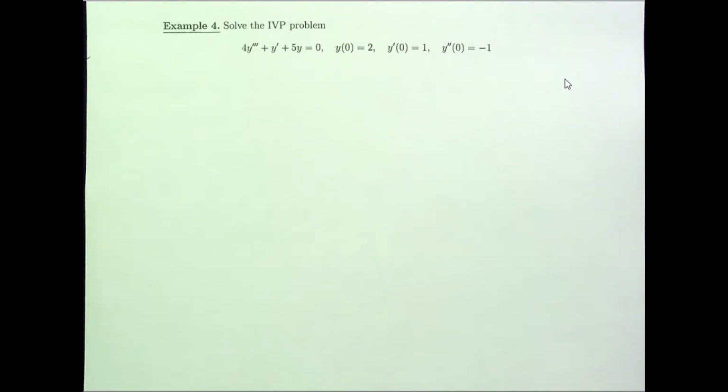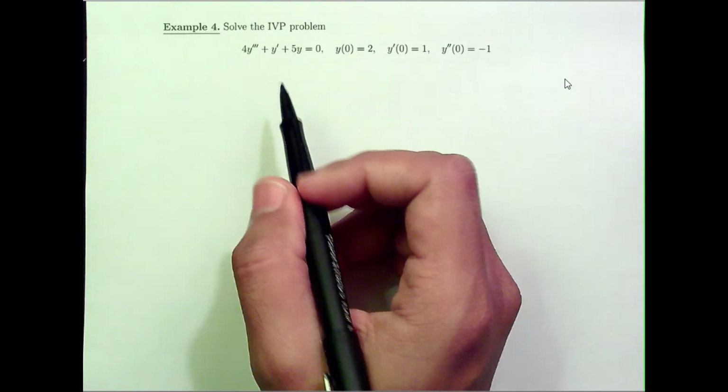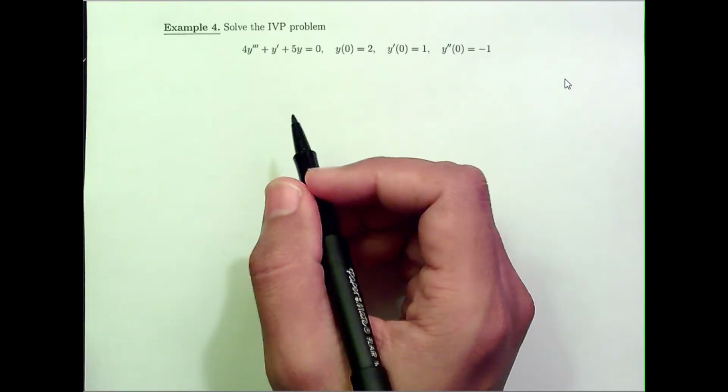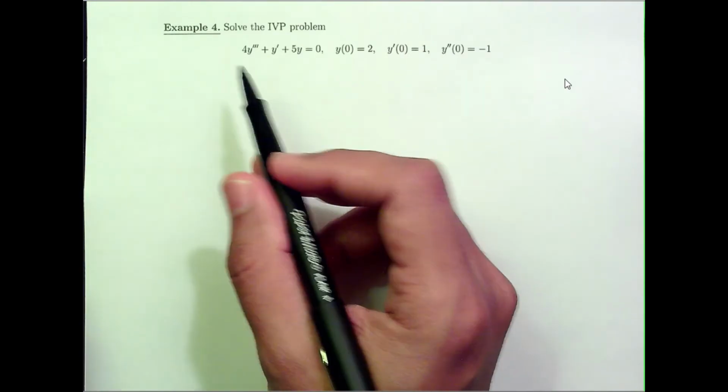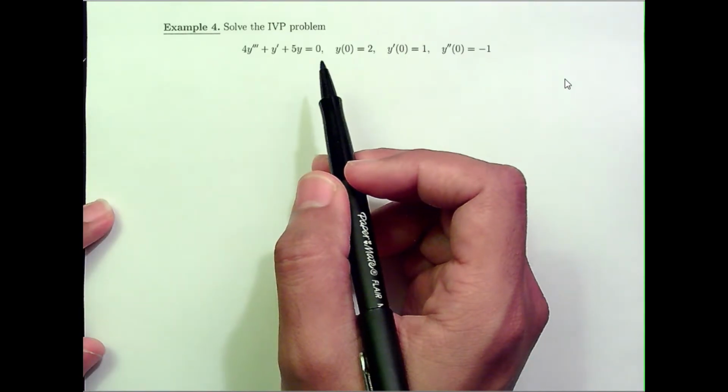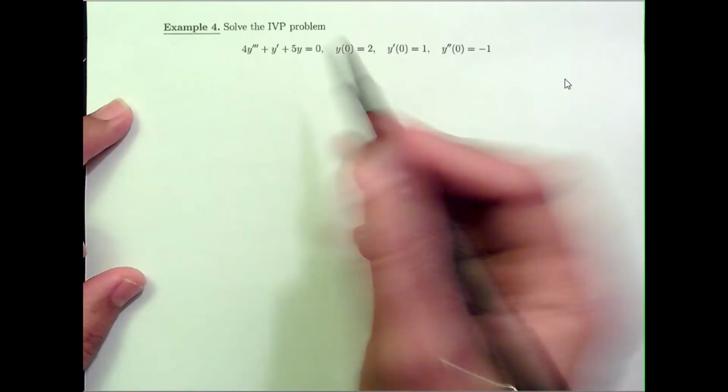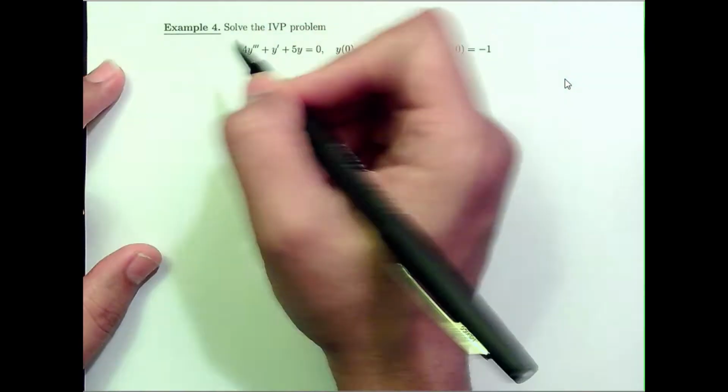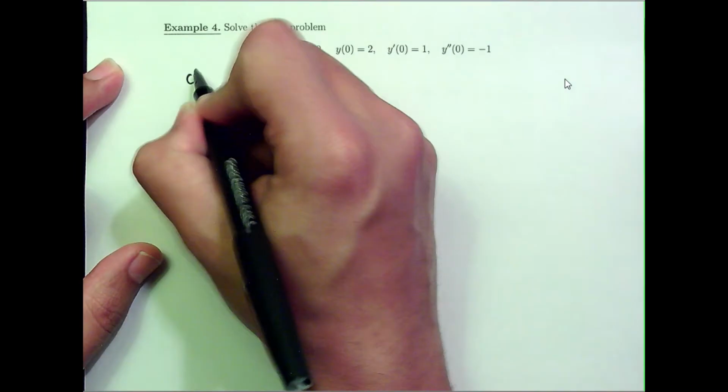Okay, so let's start this one. All right, so we have this initial value problem. We're going to have to solve it. First, we find a general solution of this problem. So we start by writing down the characteristic equation.